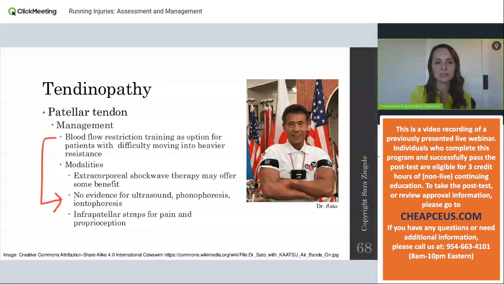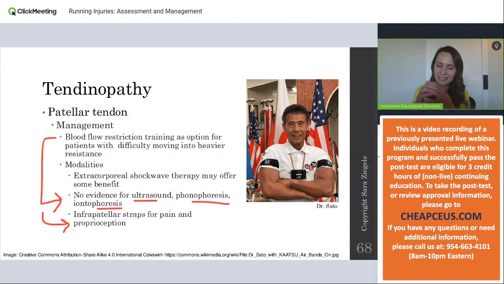There is some evidence for extracorporeal shockwave therapy for patellar tendonitis or patellar tendinopathy as well, but there is no evidence for ultrasound, phonophoresis, or iontophoresis. So if those are things that you've historically done in the clinic, currently those don't have an evidence foundation for them. The literature also does speak about infrapatellar straps.